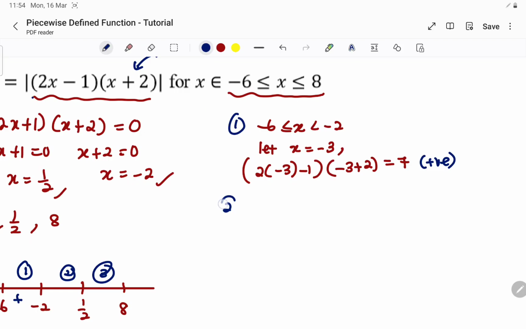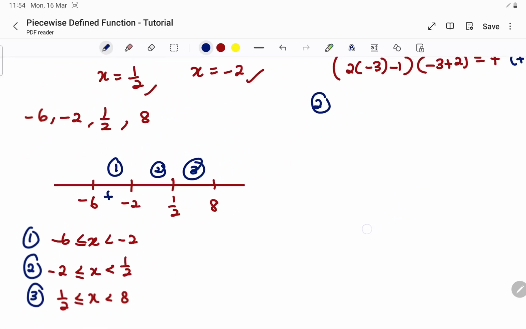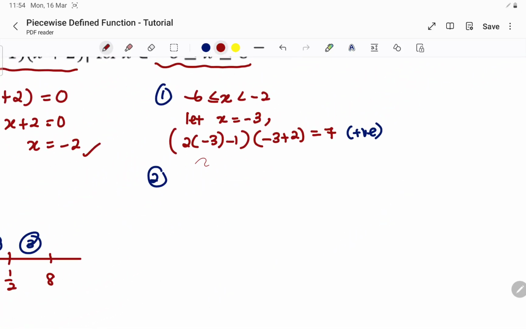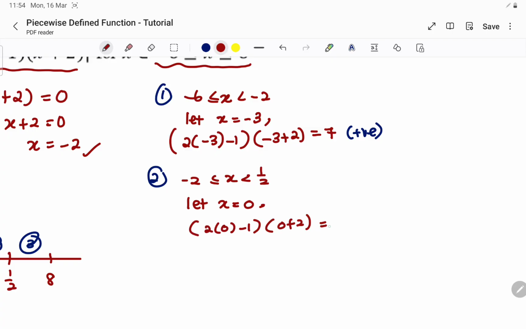And now you do for the second region, where we have negative 2 until 1 over 2. You use any value from this region. Maybe I will take 0, let x is equal to 0. Then you substitute inside 2 multiplied by 0 minus 1, 0 plus 2, you're going to get a total equal to negative 2, so the region will be a negative value.